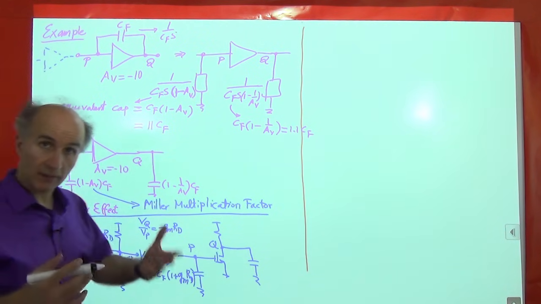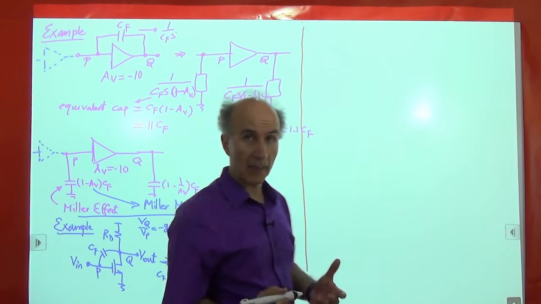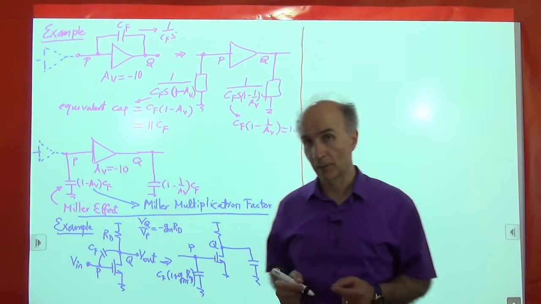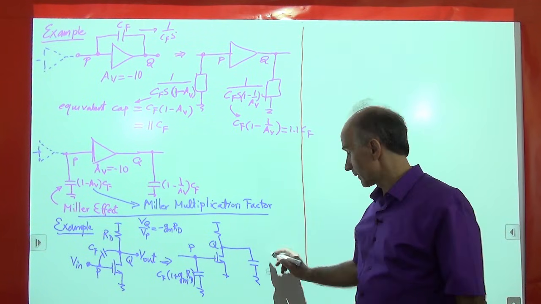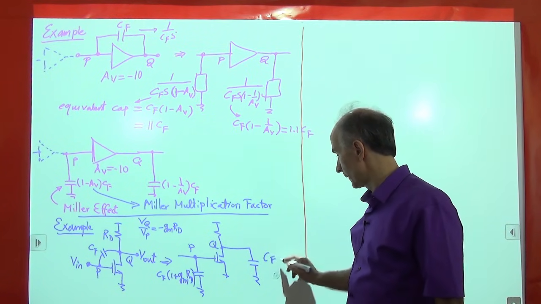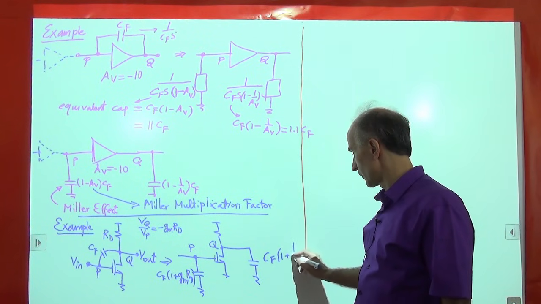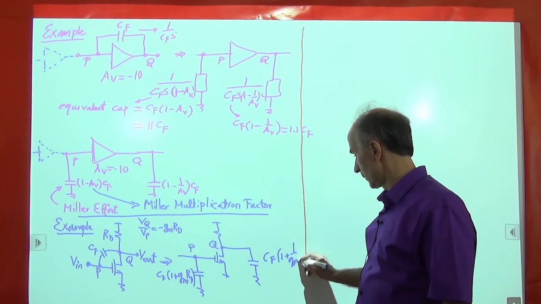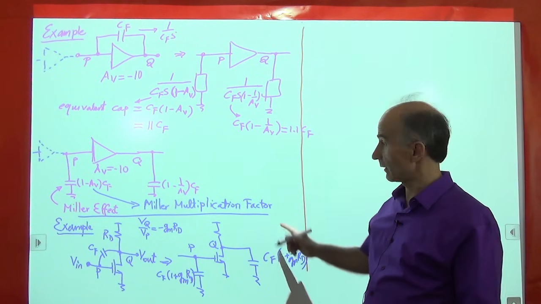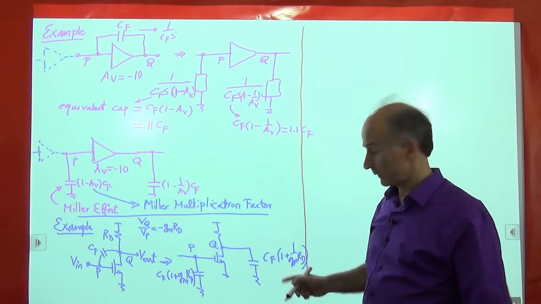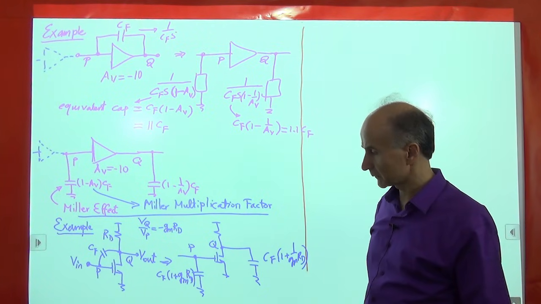So the input capacitance is larger, right? It's not just CF, it's CF times 1 plus GMRD. How about this capacitor? This capacitor at the output is now CF times 1 plus 1 over GMRD. So it's a little larger than CF. This is not a very large number, as we saw, like 1.1. But it's a little larger than CF.